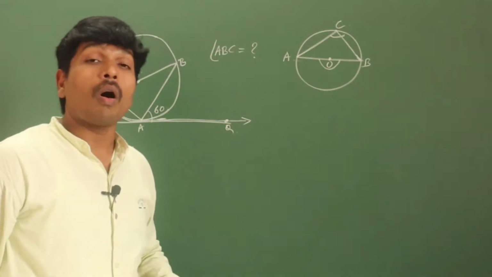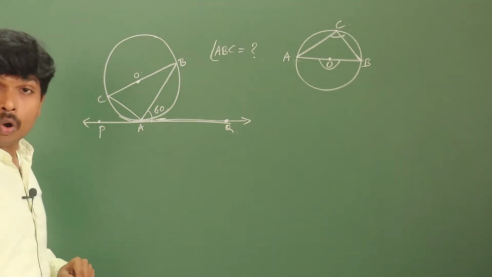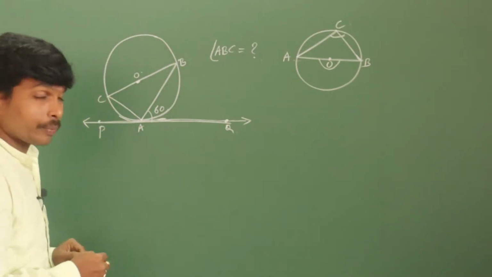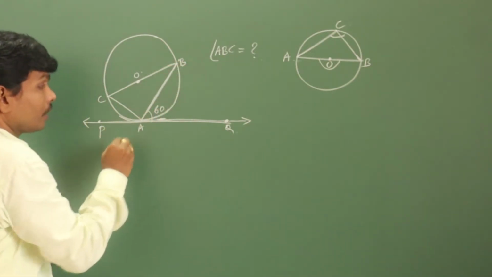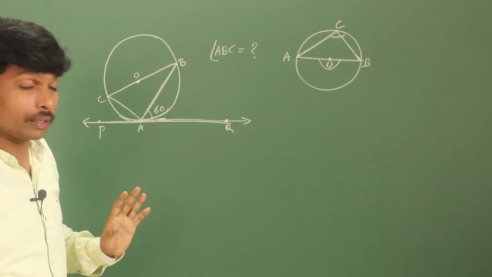And you know the alternate segment theorem. Observe here. Definitely we can use the alternate segment theorem here because you have a tangent, you have a chord, and the point of contact is one end point of the chord.